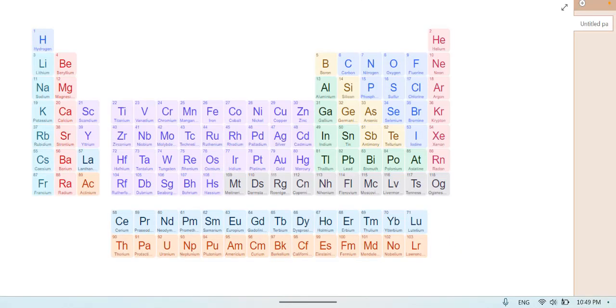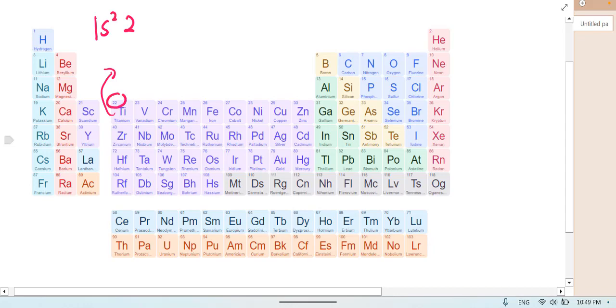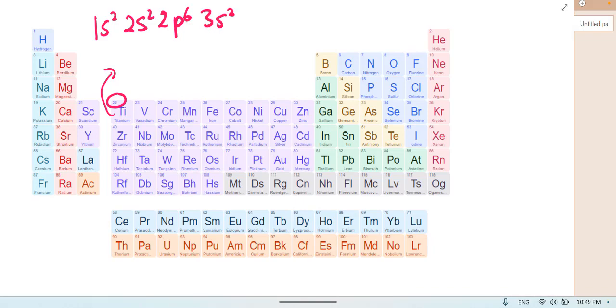For example, if I take titanium, I do the electronic configuration. Number of electrons is 22: 1s2, 2s2, 2p6, 3s2, 3p6, 4s2, 3d2.